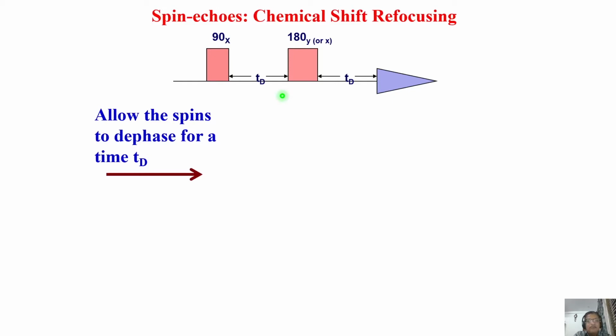All nuclear spins, magnetic moments will be in phase. There is a phase coherence, I told you. What happens? Due to various phenomena, these nuclear magnetic moments start dephasing. This we discussed. I call this the relaxation time T2.